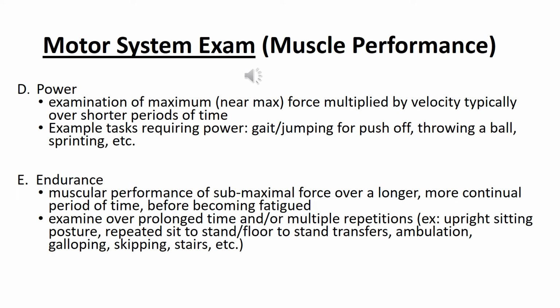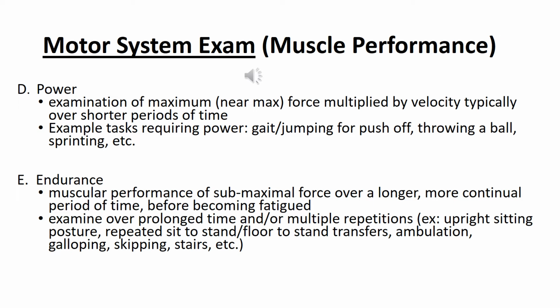So examples of tasks that would require power, if you think about the gait cycle, pushing off for gait, pushing off for running, those are examples of maximal force over velocity to give you that burst so that you can get up off the support surface. You could think about that same concept with jumping and hopping, throwing a ball, sprinting. So that's that individual's ability to generate power, or force over velocity. And usually, like I said, for a shorter period of time. That's not something that you're going to be sustaining because it is short bursts of a lot of muscular activity.